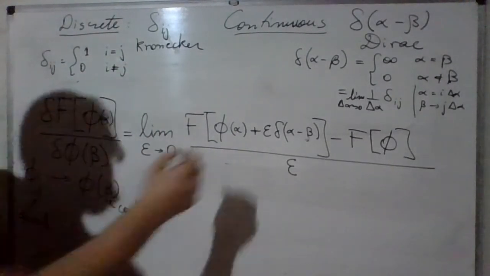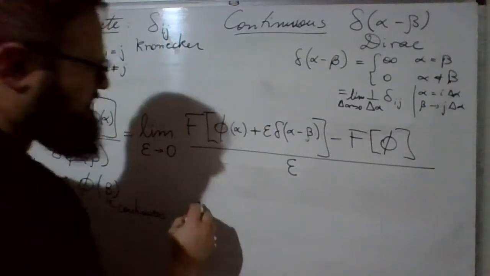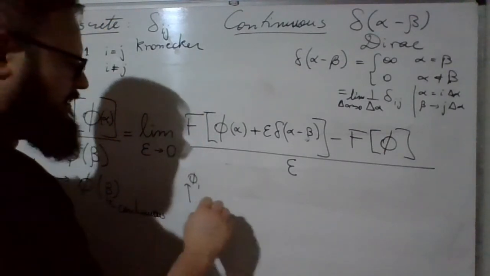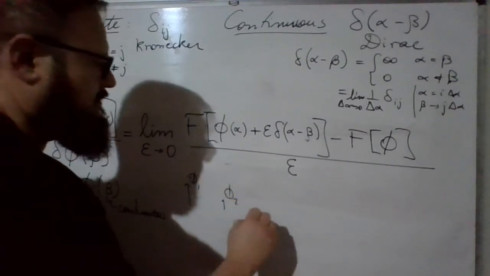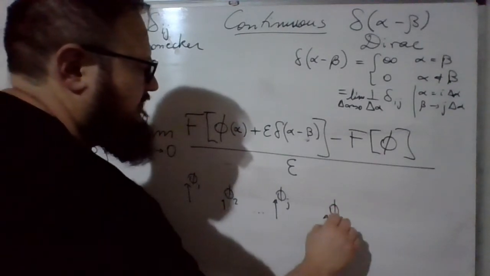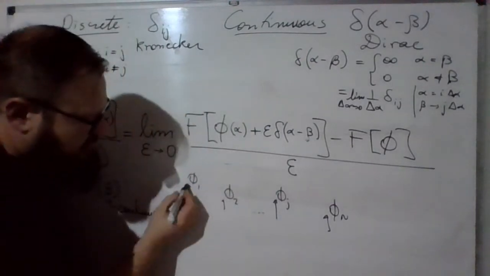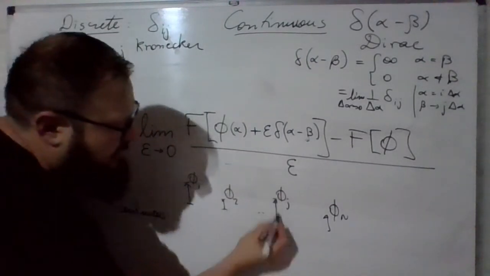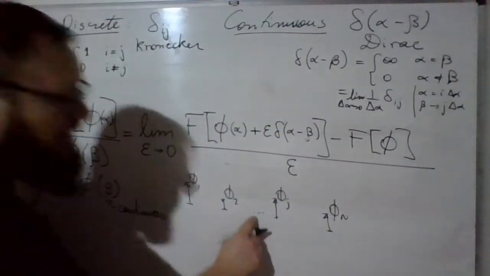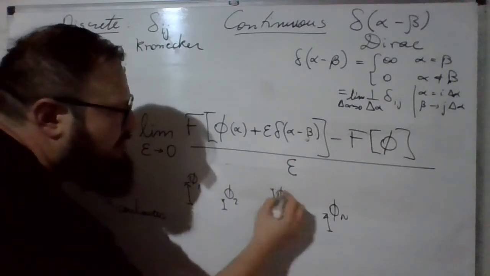Okay, notice in the previous case, I would have a discrete set of values: phi 1, phi 2, phi j, phi n. I am representing here the lengths or the strengths of each component. But then I am adding a small epsilon.